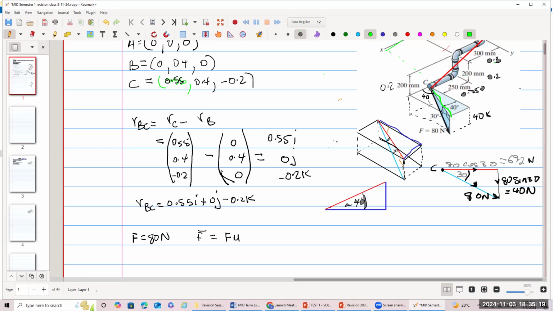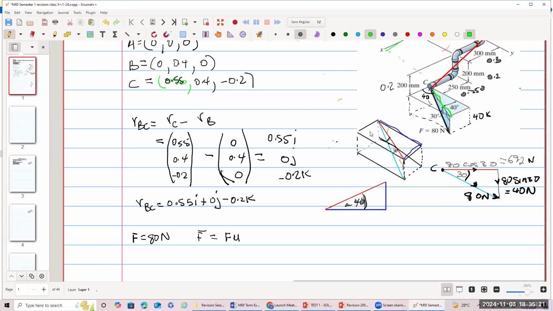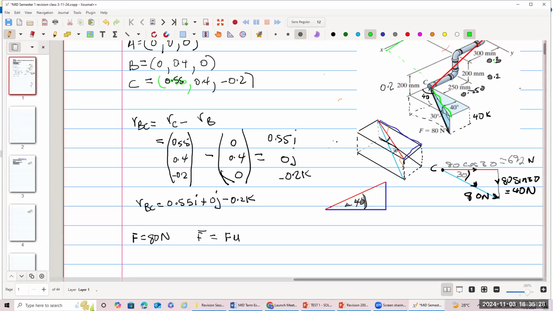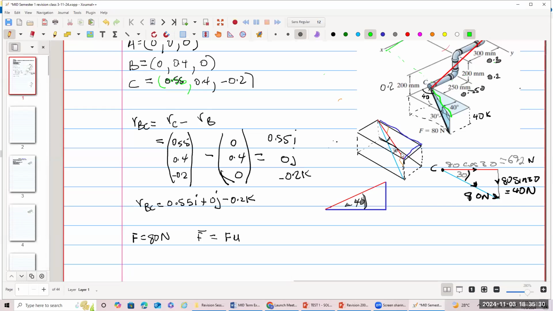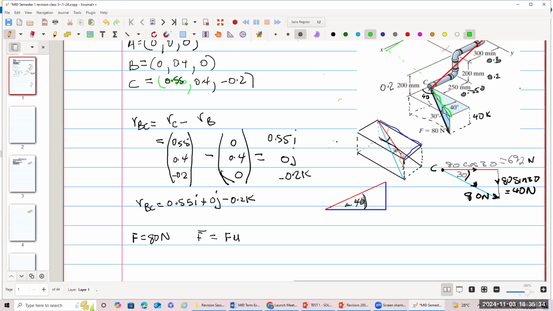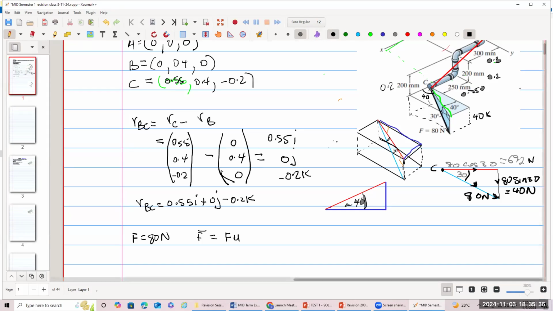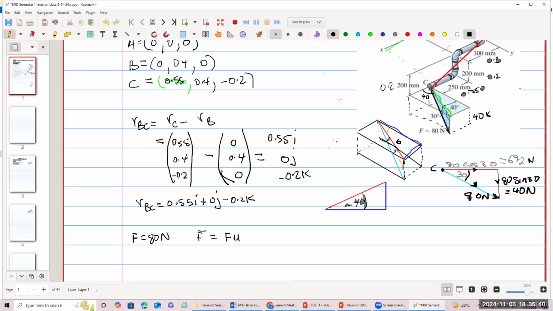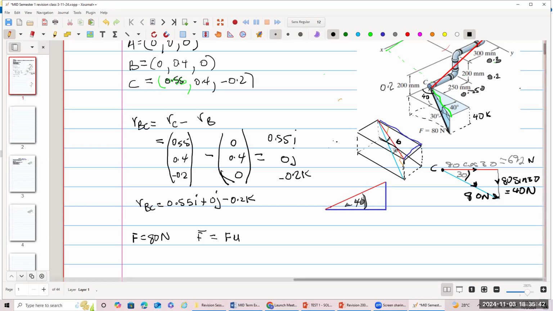See the box here? This line up here is representing the 69.2, right along where you see the red.